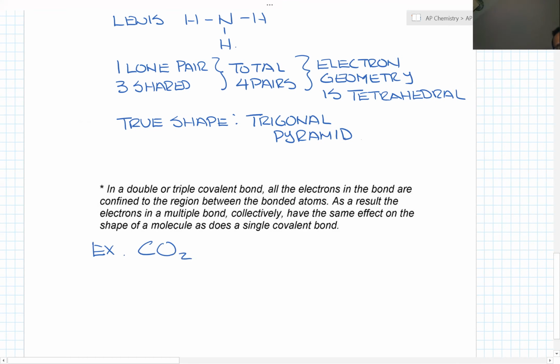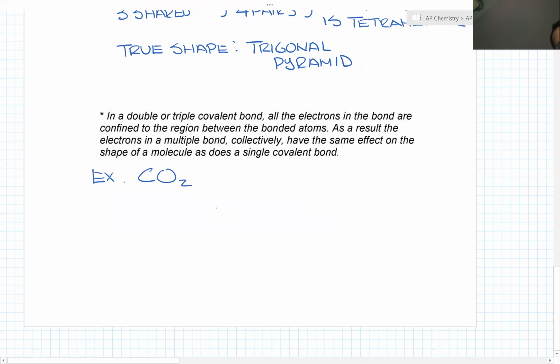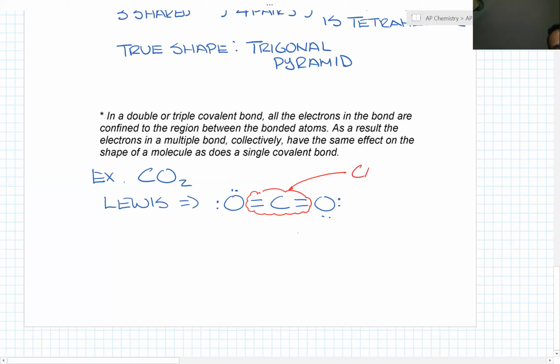If we take a look at the Lewis dot structure, what you have is O double bond C double bond O. If you take a look at the central atom here, carbon has 4 pairs.